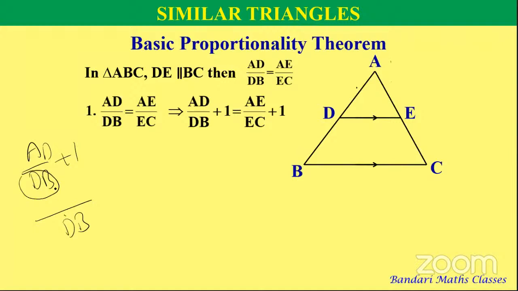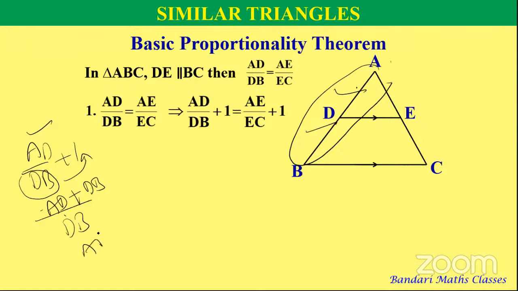Dividing DB with DB, we get 1, and 1 into AD is AD. Plus, we multiply directly the DB. AD plus DB: this is AD, this is DB, and their whole sum is nothing but AB by DB. Yes, sir. Thank you, sir.